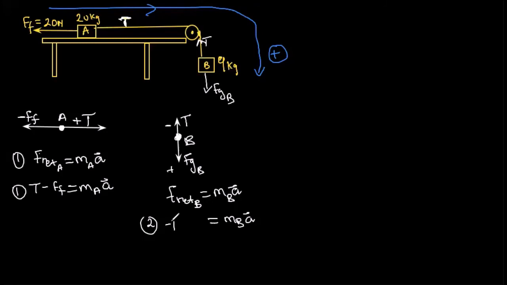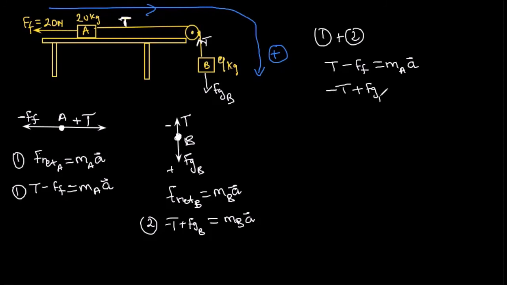So I'm going to write negative tension plus Fg of B. Now when we do our simultaneous equations, we add equation number 1 to equation number 2, which means we are taking T minus force of friction equals mass of A times the acceleration, and we put again negative tension plus force of gravity of B equals mass of B times the acceleration.